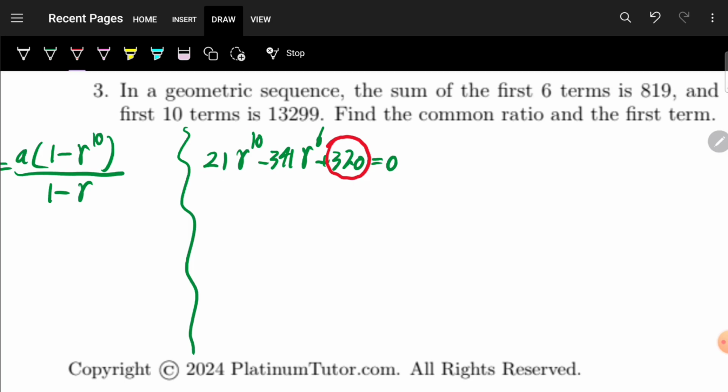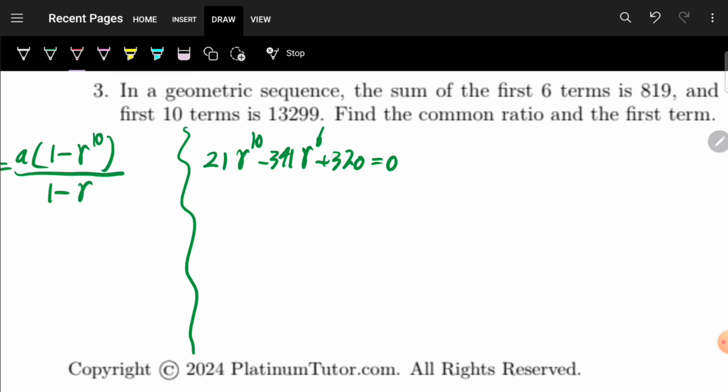So it'll either just be one of the factors of 320 by itself, or one of the factors of 320 divided by one of the factors of 21.